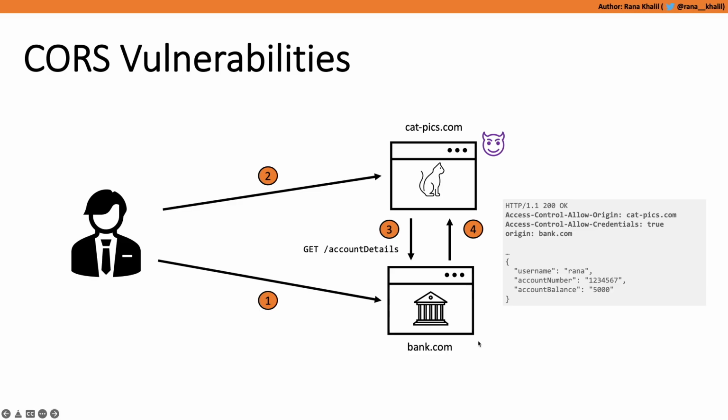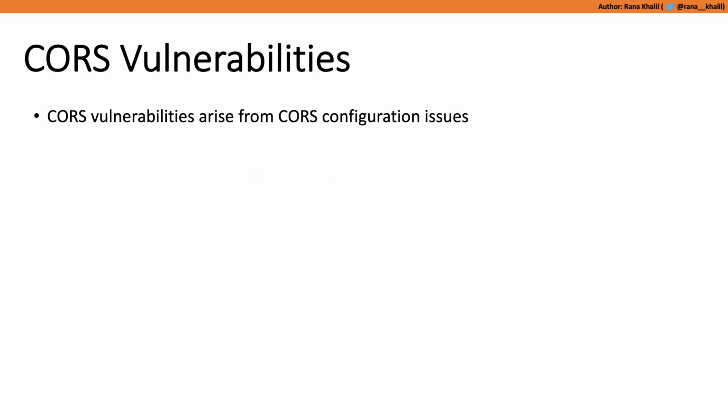Now, the real question is, why was this website vulnerable to CORS attacks? To properly understand that, we need to talk about why CORS vulnerabilities arise in the first place. The first thing to understand is that CORS vulnerabilities are essentially just configuration issues. That's why you might have caught me a couple of times in the video refer to CORS vulnerabilities as CORS misconfigurations or CORS security misconfigurations.